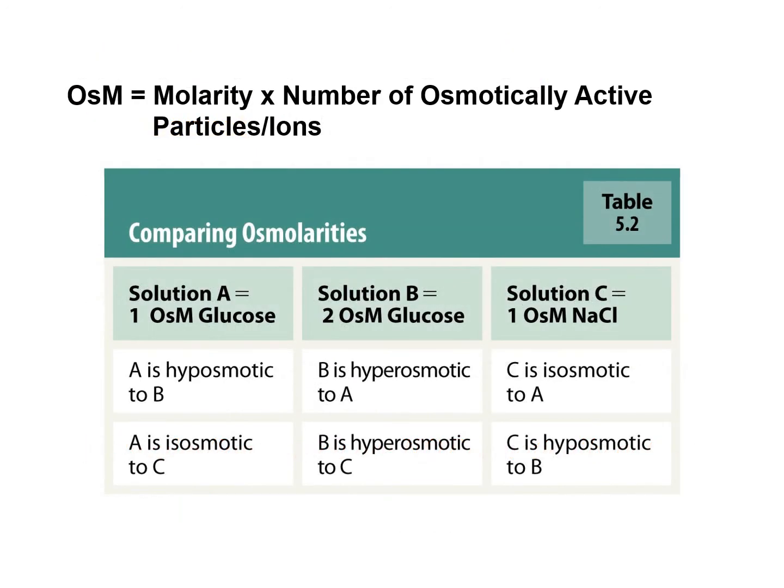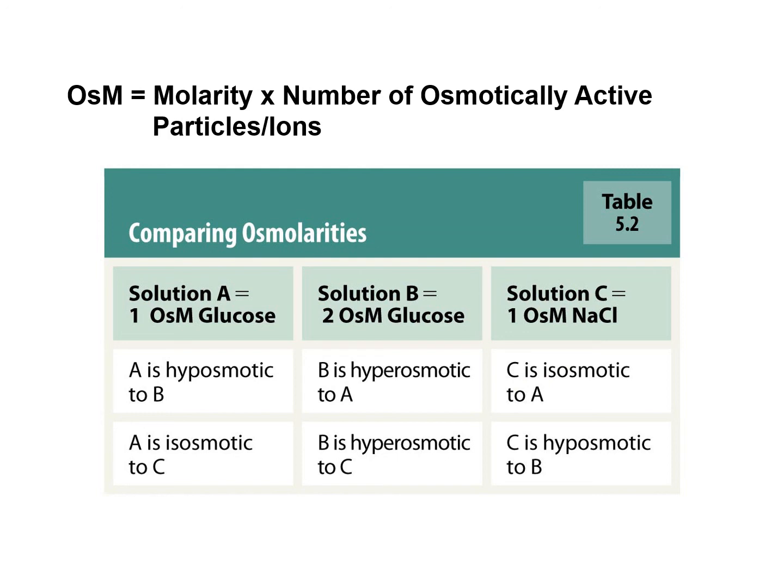And so the book has some examples of comparing osmolarities. For instance, if you have 1 osmole of glucose, you have 2 osmoles of glucose, and 1 osmole of NaCl. Again, we've already factored in the dissolving. So 1 osmole is always going to be 1 osmole. So C is also 1 osmole, so they're isoosmotic or isosmotic.